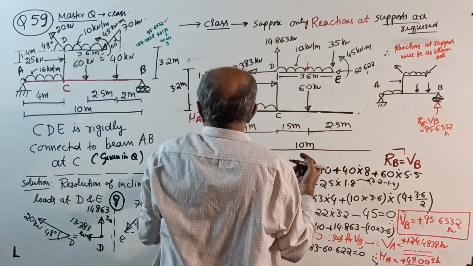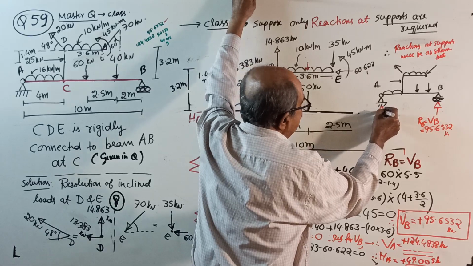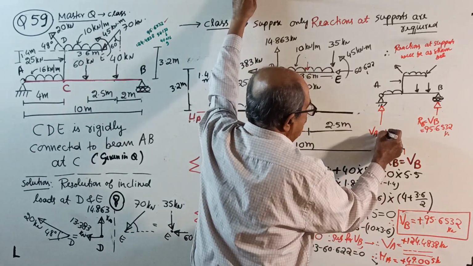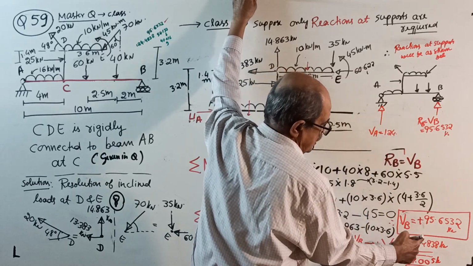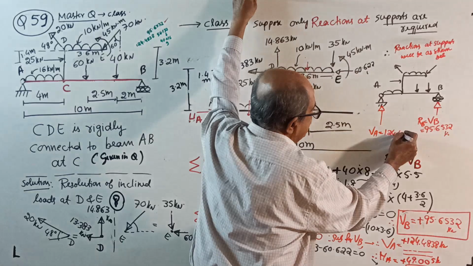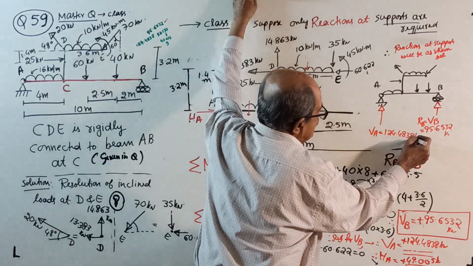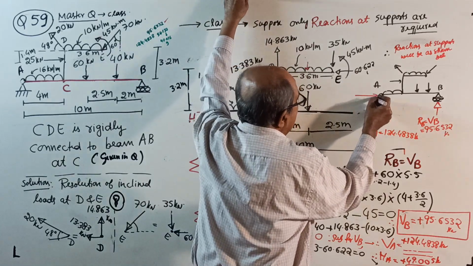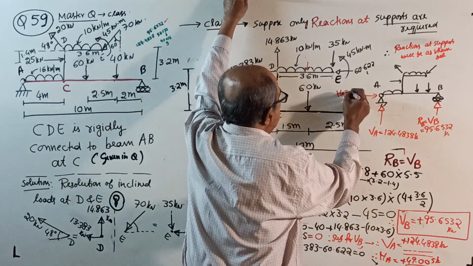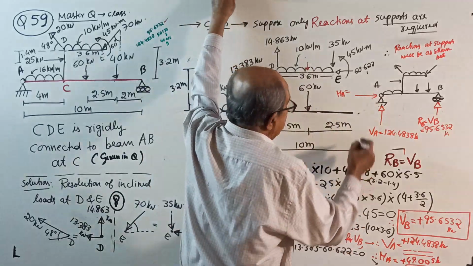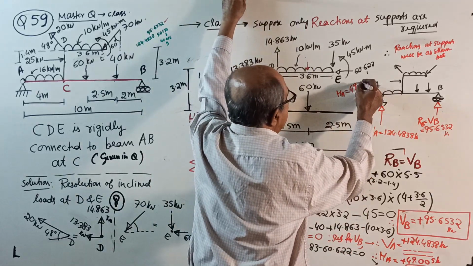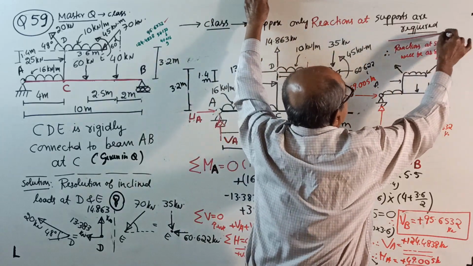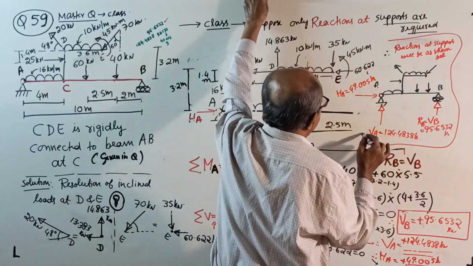You took VA vertically up, positive came, reaction VA equal to 124.4838 kilonewton. HA, you took right side, positive came, and HA equal to 49.005 kilonewton, right? This is the final answer we got.